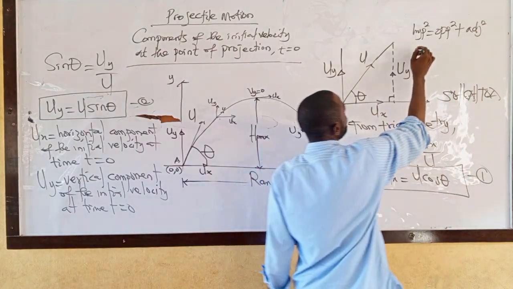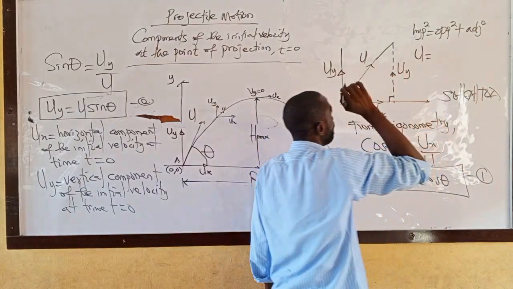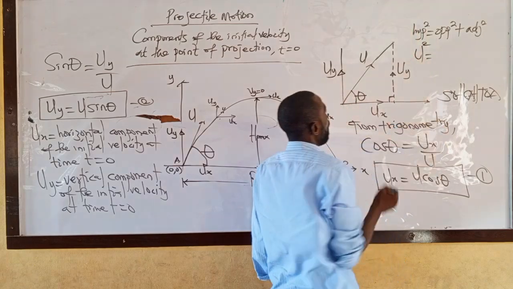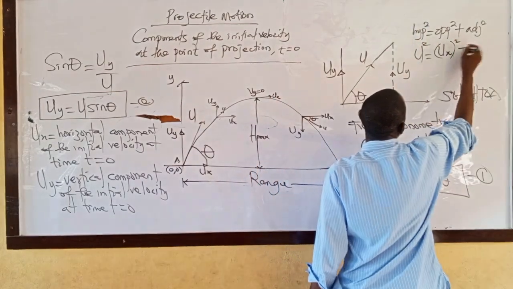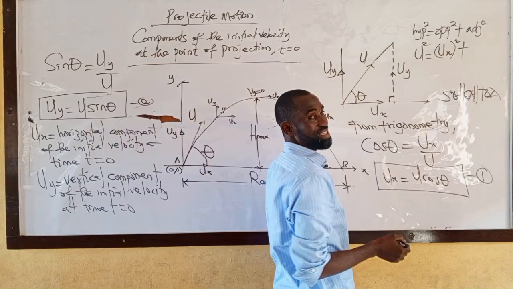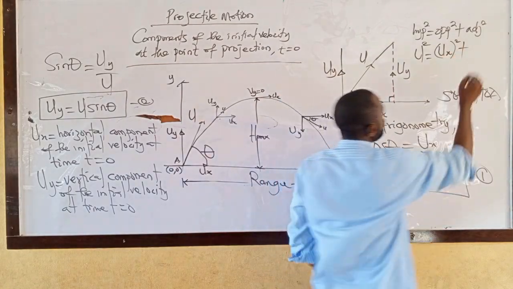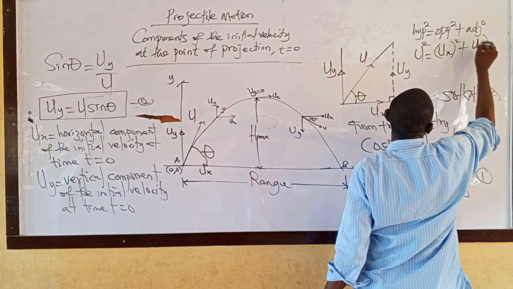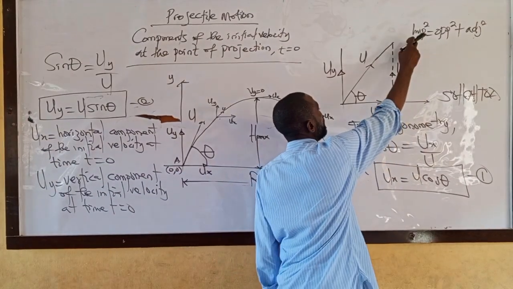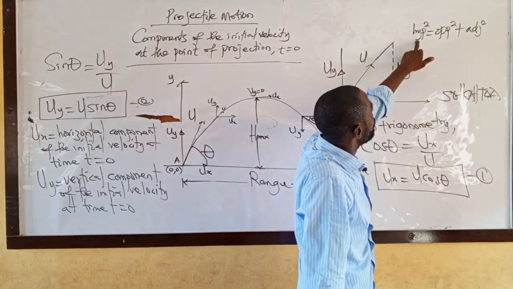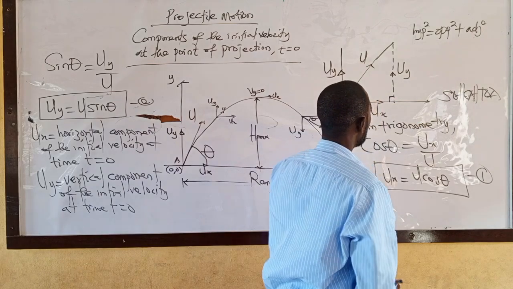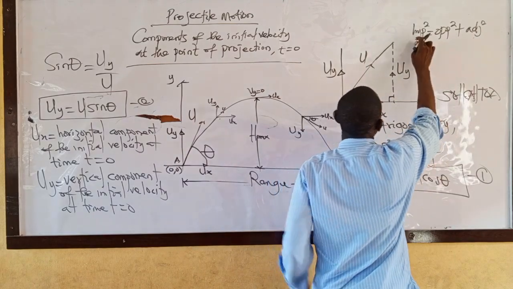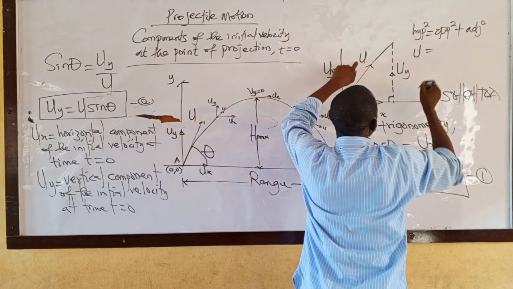Our hypotenuse is u, so u squared equals u of x squared plus u of y squared. Our hypotenuse is our u.